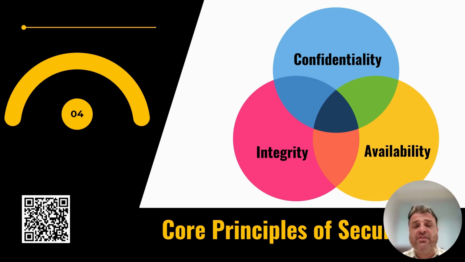Confidentiality means we need to protect information from unauthorized disclosure to individuals, entities, or processes. Key concepts here are access control, encryption, and data classification. With access control, we can ensure only authorized users can access the data.